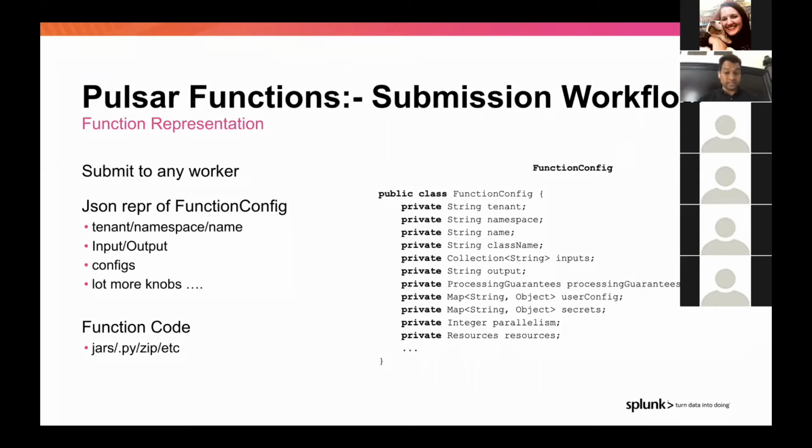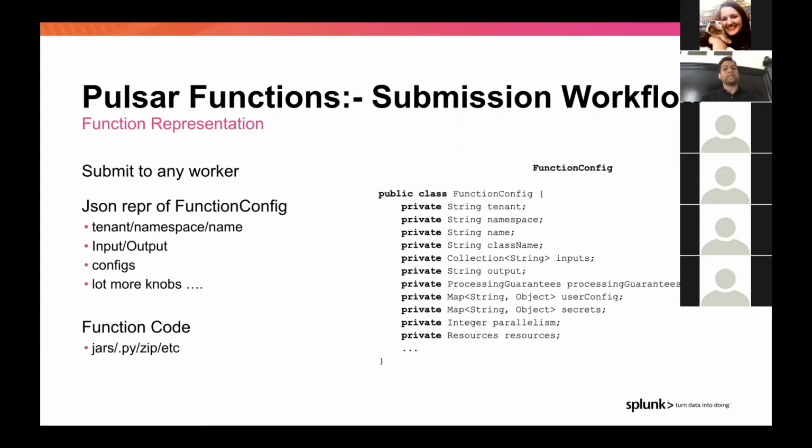We support secrets management as well. You can say, don't run one, but run 10 instances of this function, and each of these should take this much CPU, this much RAM, and so on. So essentially, you pass in this JSON representation of this particular function config class. There are a lot more knobs than what I'm showing here, but you get the basic idea of what you're doing when you're submitting a function.